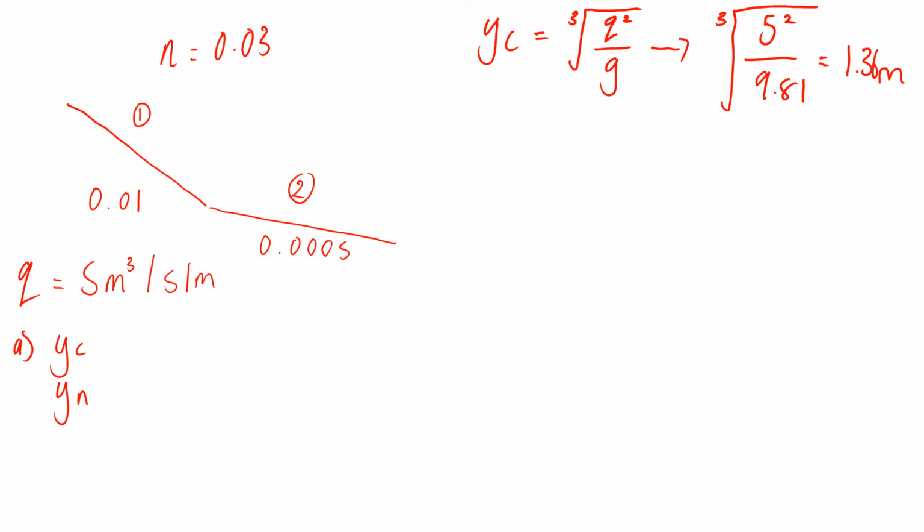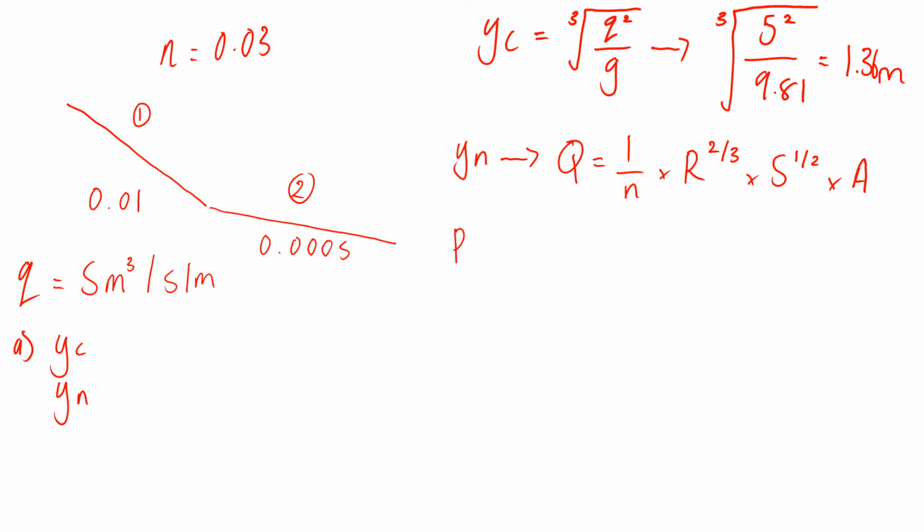Now you need to calculate yn. You calculate yn by using the Manning's equation. The Manning's equation is Q equals 1 divided by n times R to the 2 over 3 times slope to the half times A. So that's Manning's equation.